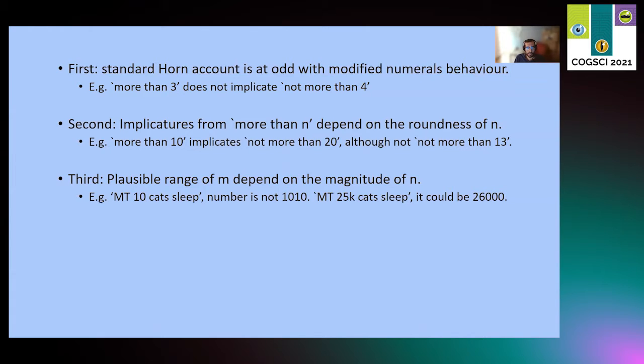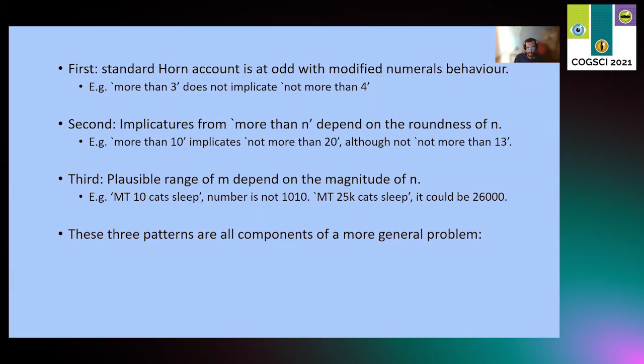For instance, more than 10 cats sleep, the real number is probably not 1,010. But if we say more than 25,000 cats sleep, it could very well be 26,000. So a difference of 1,000 is much more likely when the number is 25,000 than when it is 10.